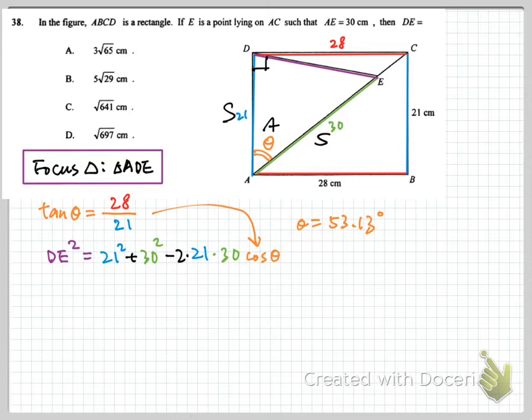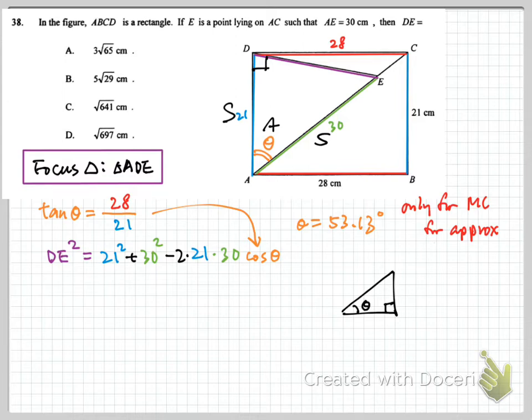But if it is not an MC question, if you need the exact solution, then this calculator approach does not work. It only works for MC or for approximation. If it is a paper 1 question and it demands an exact solution, this way does not work. You have to use the triangle to get the cosine value.